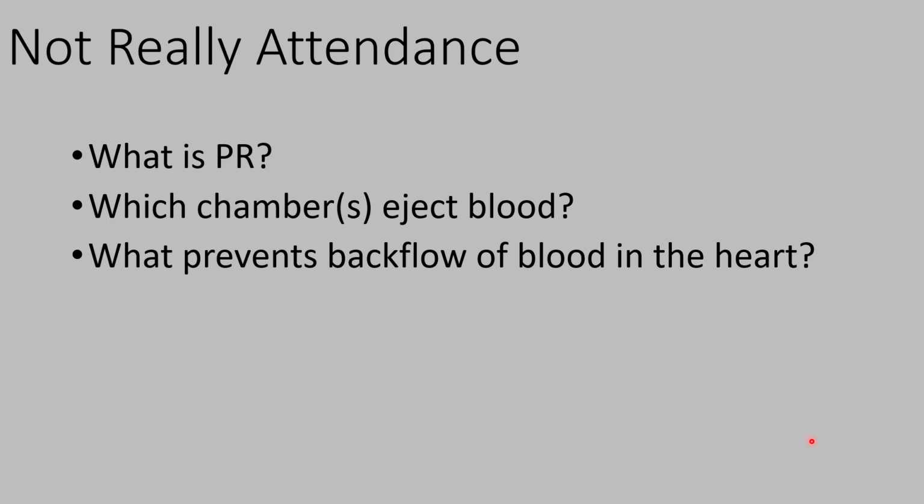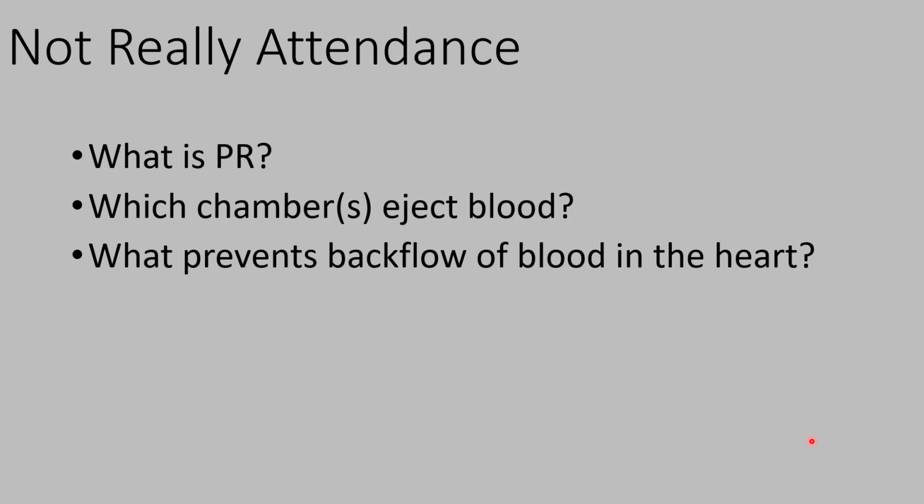And third, what prevents backflow of blood in the heart? This would be the four valves: the left and right AV valves, and the left and right, or pulmonary and aortic, semilunar valves.